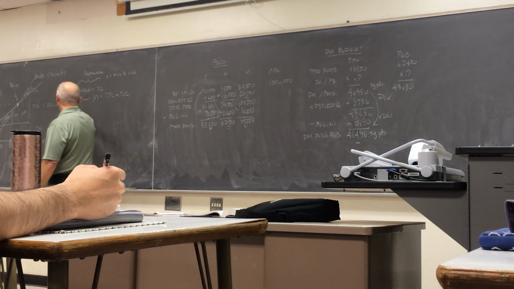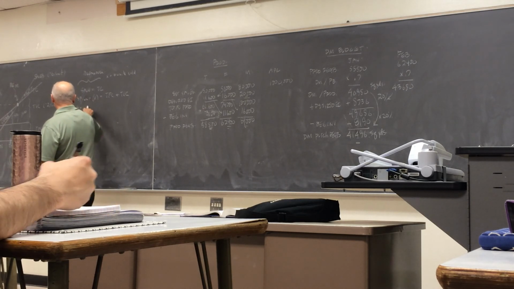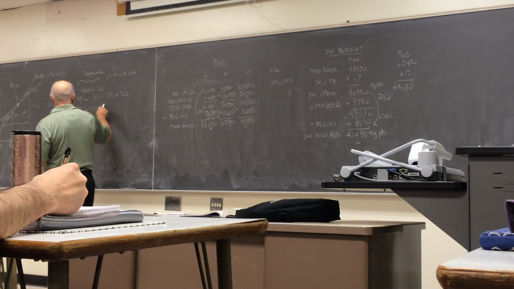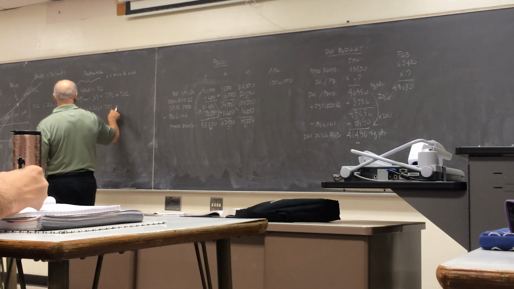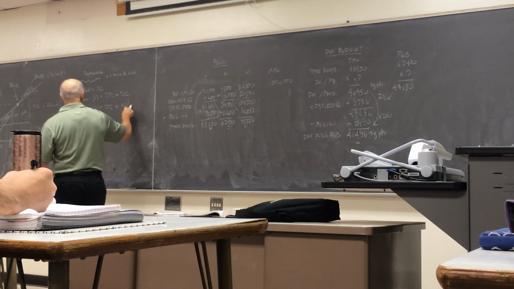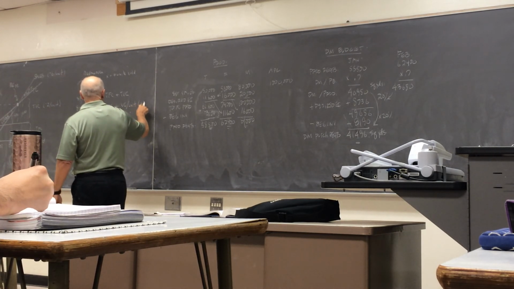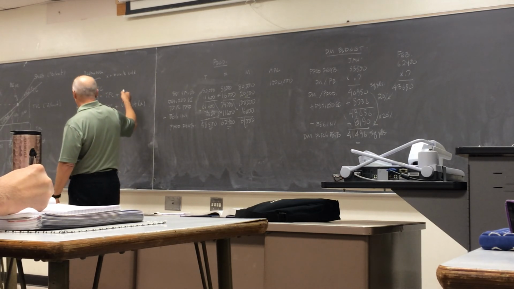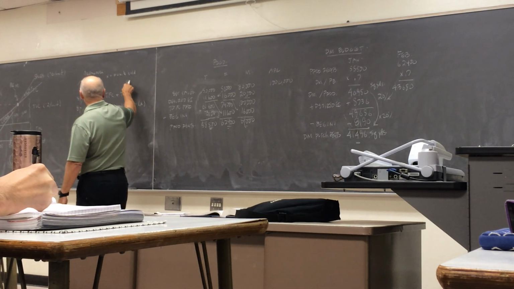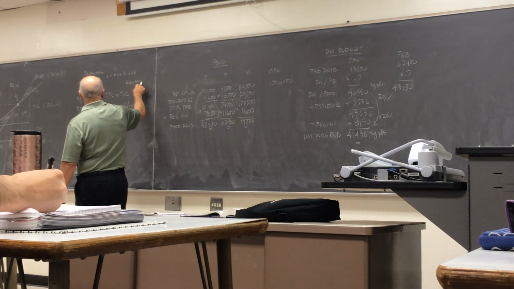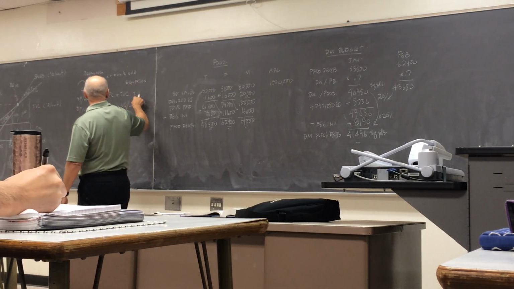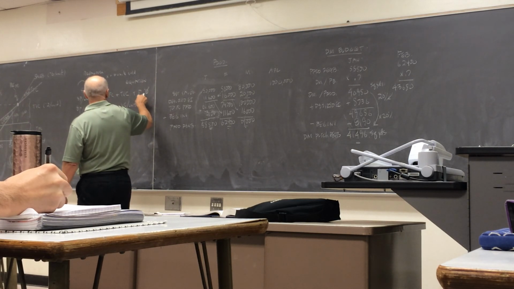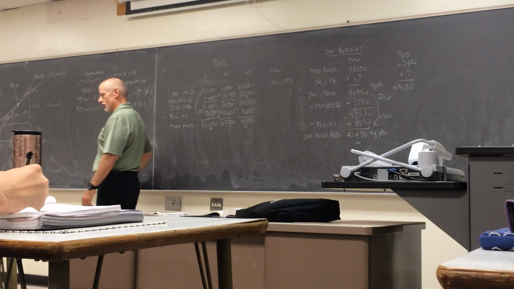The way I put this is your sales price per unit times units sold equals total fixed cost plus your variable cost per unit times units sold. This is called the equation method of finding break-even. Remember, profit is going to be 0. It's called the equation method.